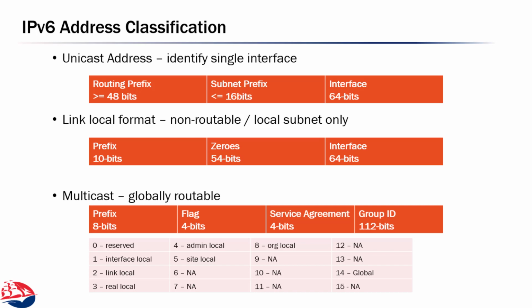So multicast is globally routable. Theoretically, if you're Netflix, you could multicast out to everybody the same stream of data. Probably not Netflix because they don't do stuff like live events, but Twitch does a lot of live streaming, and so Twitch could literally send out a single stream from their servers, and then everybody who subscribes could just ask the routers, please let me have this multicast prefix and group ID.